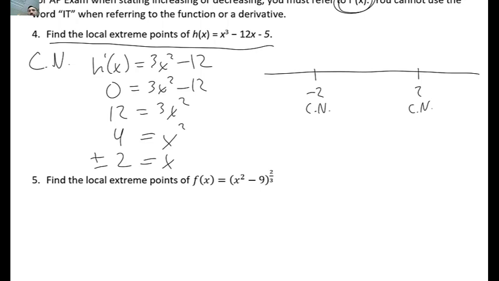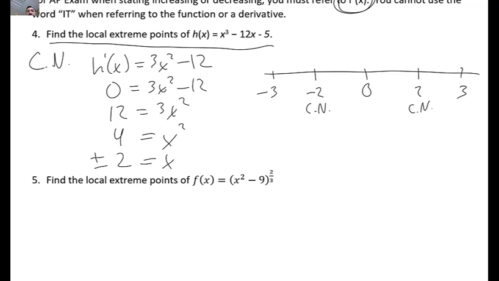So you should have tested around this critical number. It doesn't matter which number you pick, but I'm going to pick something easy, like 0 and 3, so I have something to test around it, and then you need to test around this one too, so maybe 0 and negative 3. Now be careful not to plug 0 into the function. That gives you a point, and while having a point isn't bad, it doesn't help me understand the behavior of this graph. It just gives me one tiny instant.